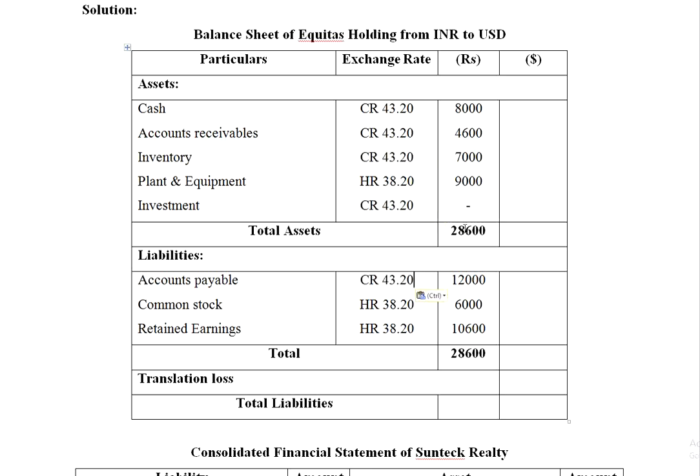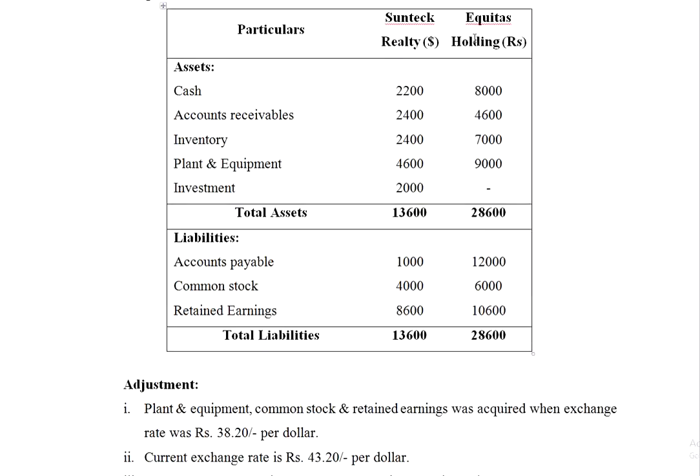This is the amount which I have written already of Equitas Holding: 8,000, 4,600, 7,000, 9,000. Total is 28,600. If you check this question, the same values of this Equitas Holding have been mentioned there.